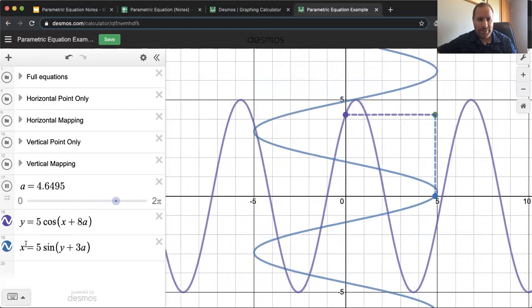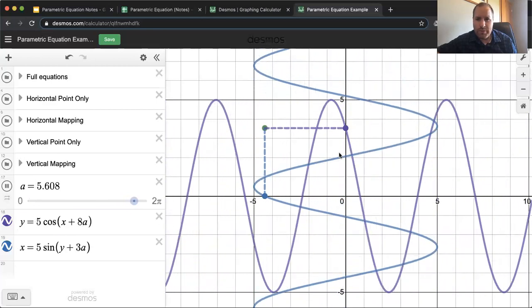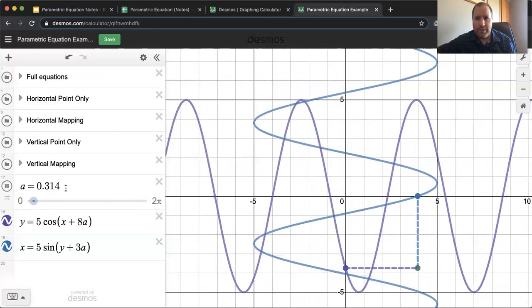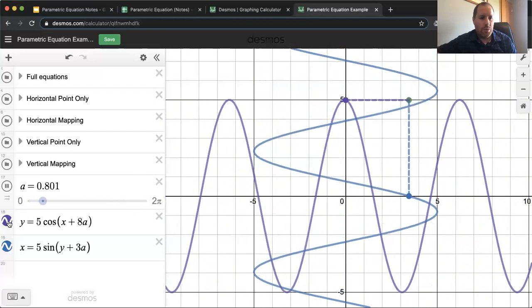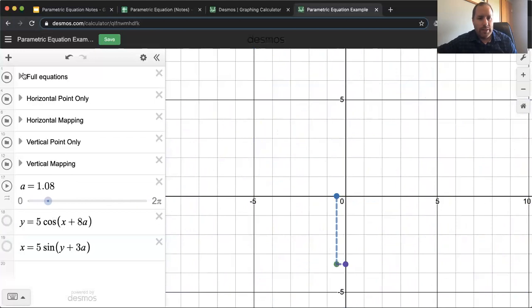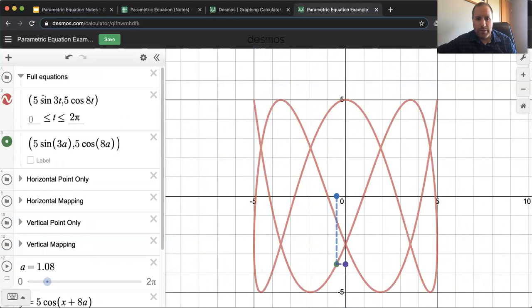Since this is our x value and this is our y value, we can just track where this point is at a particular point in time. So what I'm going to do instead is pull this open. What I have is this thing mapped out a little bit.